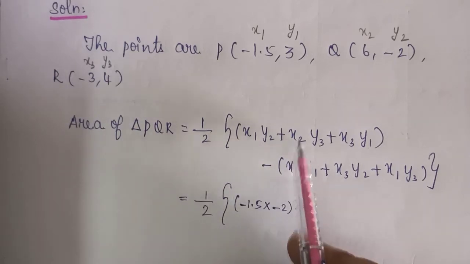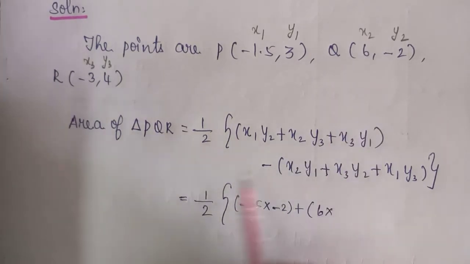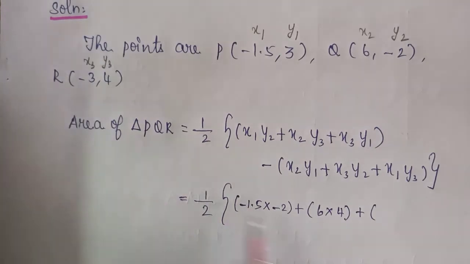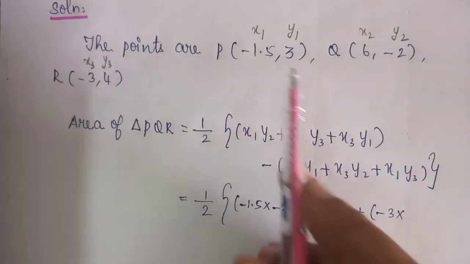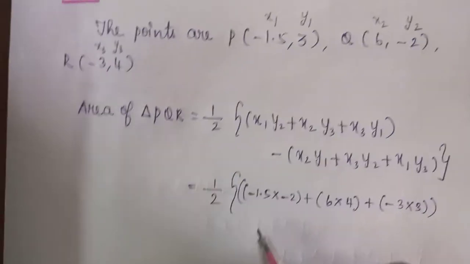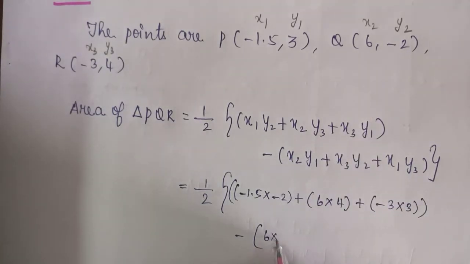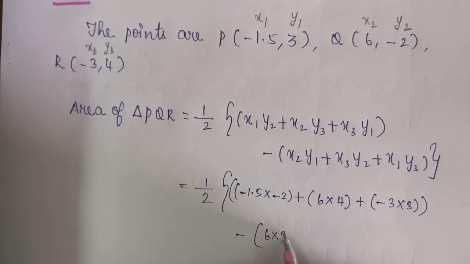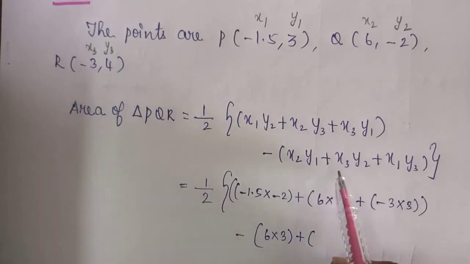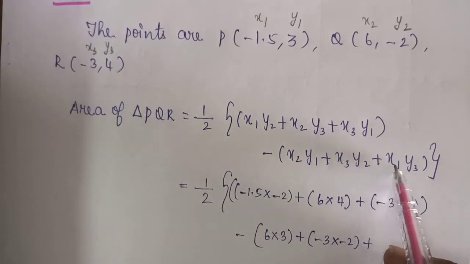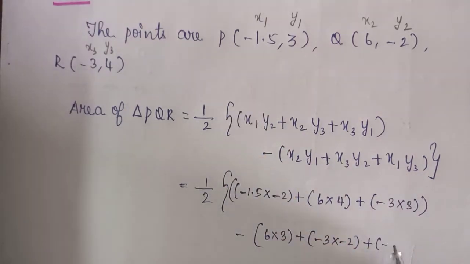plus x2 value is 6 into y3 value is 4 plus x3 value is minus 3 into y1 value is 3 minus x2 value is 6 into y1 is 3 plus x3 is minus 3 into y2 is minus 2 plus x1 is minus 1.5 into y3 is 4.